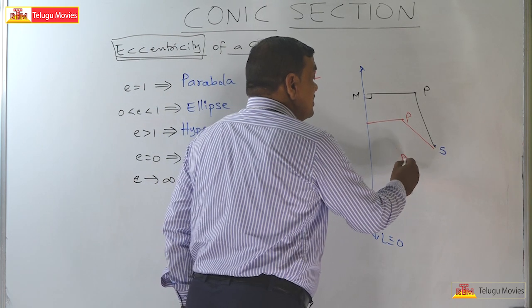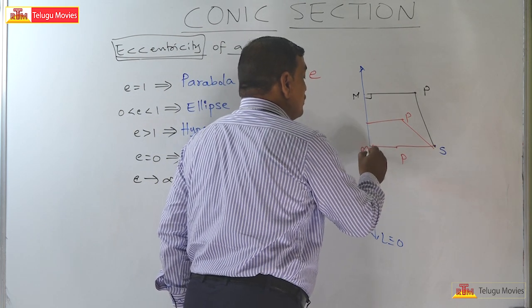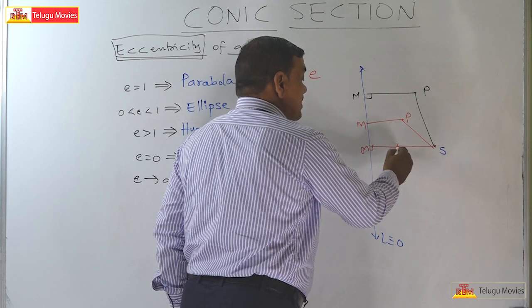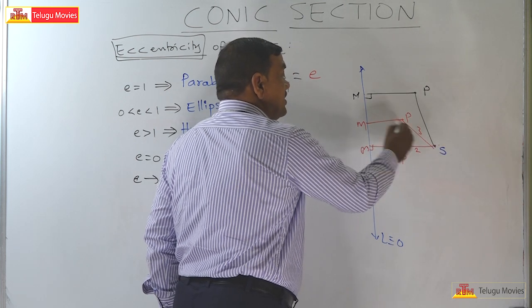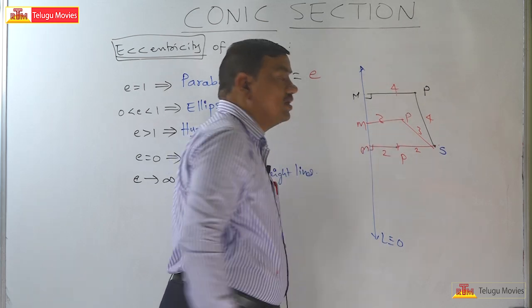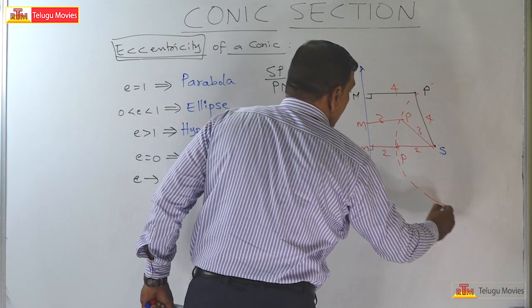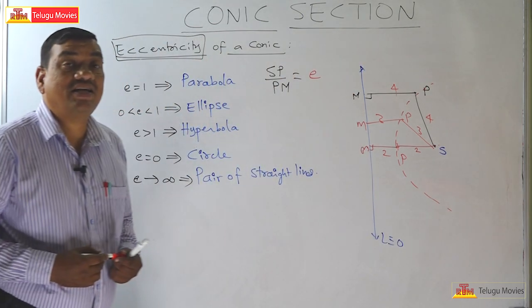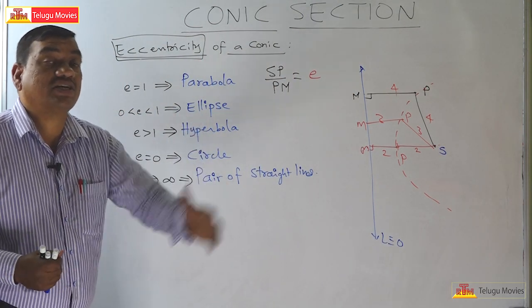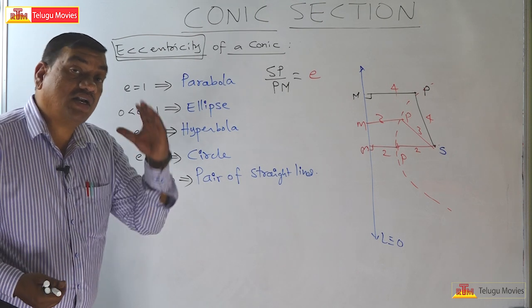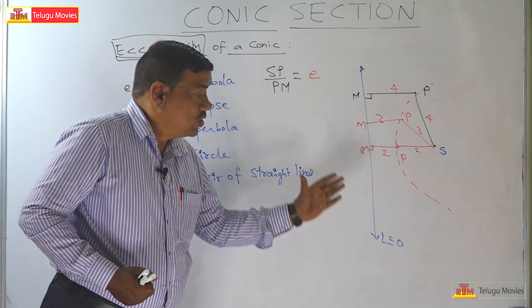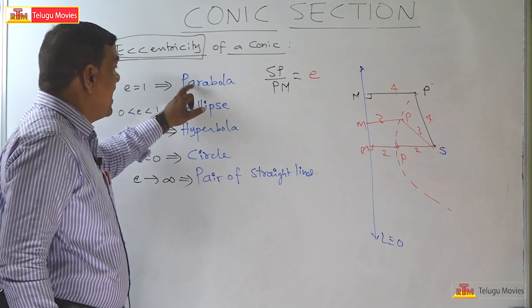If you join all these points, you will get a conic section, a shape. The name of that curve is given as parabola.